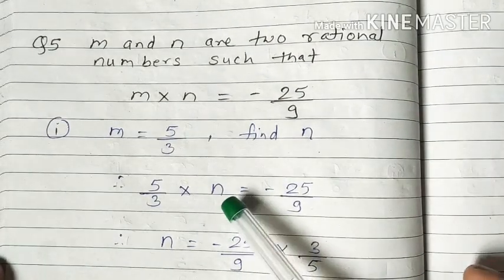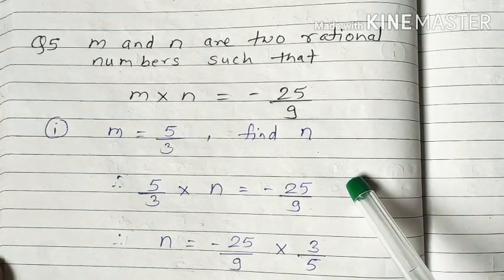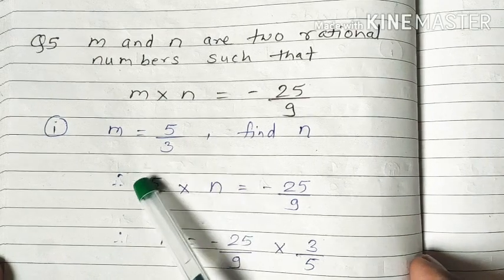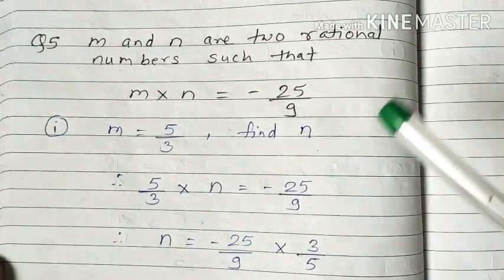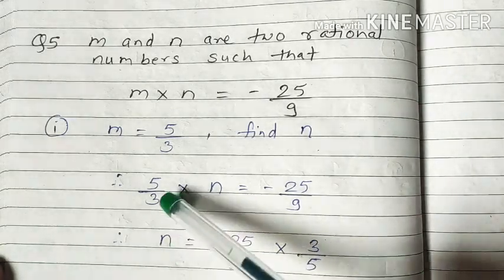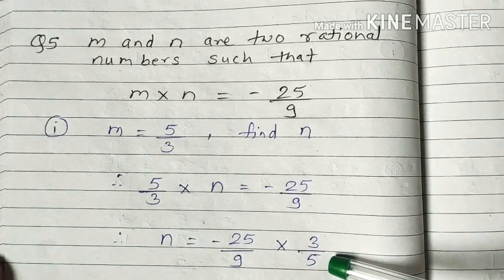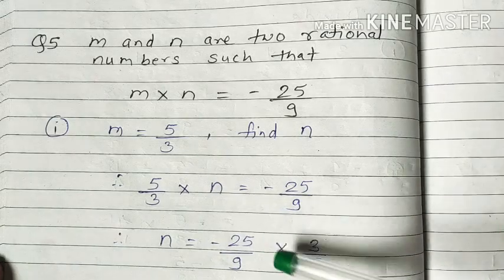Okay. So to find the value of N, we need to shift 5 upon 3 to that side. Between these two numbers there is a multiplication. Therefore when we shift this 5 upon 3 to that side, it becomes a reciprocal, or it goes for division, we can say. So 5 by 3 going that side will become 3 upon 5, the reciprocal of 5 upon 3. Got it? So cancellation is possible.